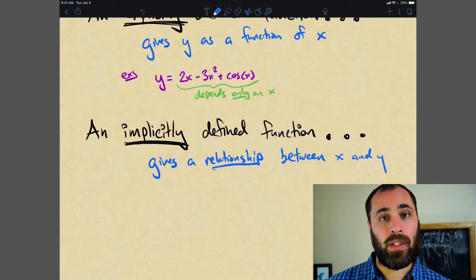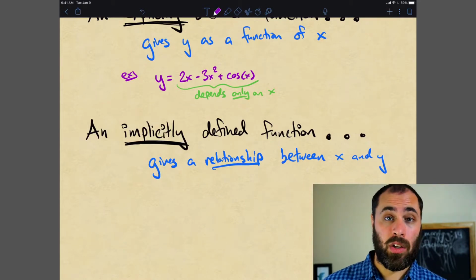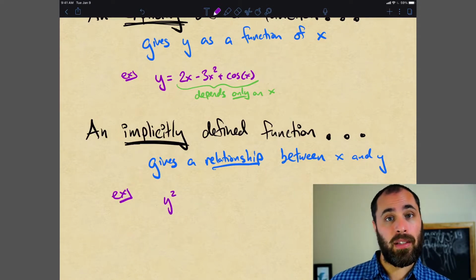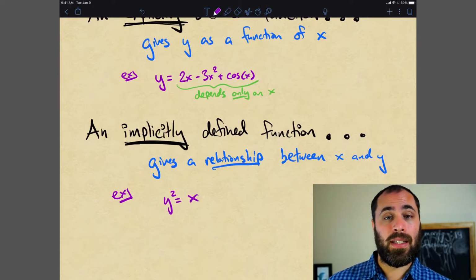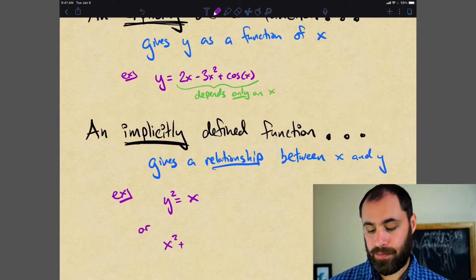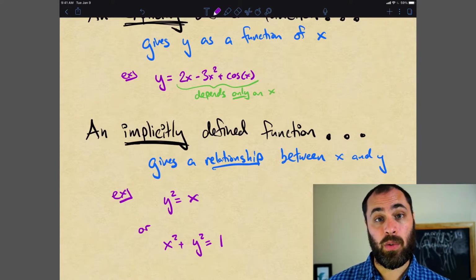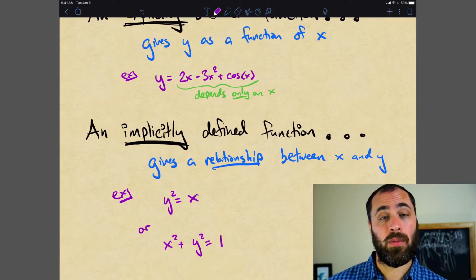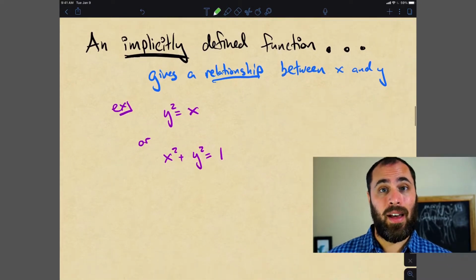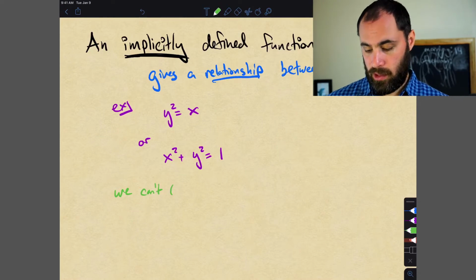So when I say a relationship between x and y, I mean something like, well, the example we just saw, y squared equals x. It's clear that x and y have a dependence on each other, but it's not as easy to find a value of y if I give you a value of x. Another example, x squared plus y squared equals 1. So I'm sure you could find some points x, y that make this true, but again, it's not as easy as just plugging in an x value and seeing what y equals.